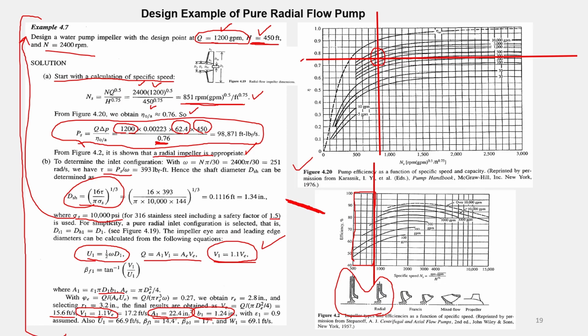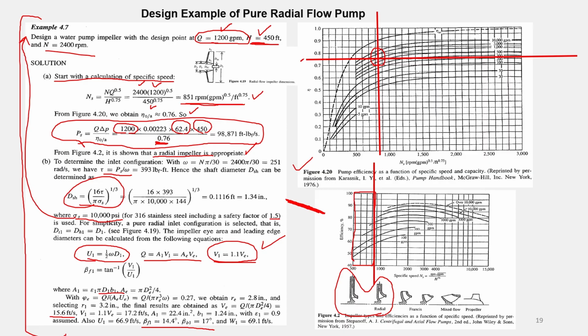So it is indeed so, and this beta blade 1 has been selected to be 17. As I have told you before, the difference between the beta blade at the leading edge and the relative flow angle at the leading edge should be around 2 to 3. So here it's around 2.4, which is a great assumption.